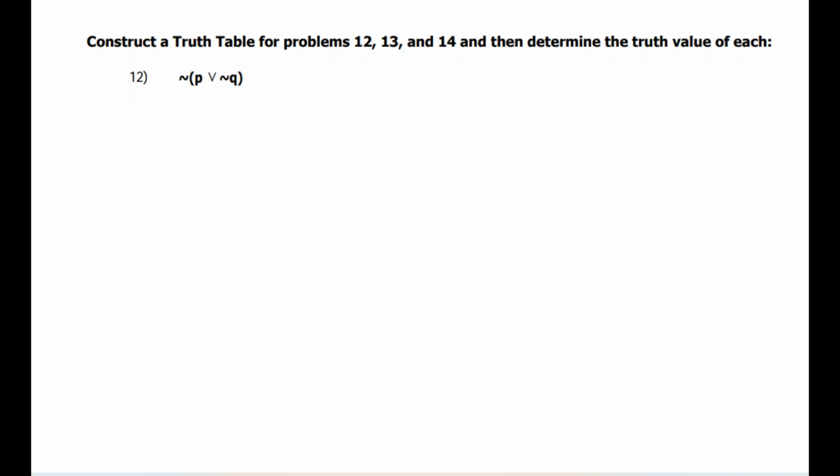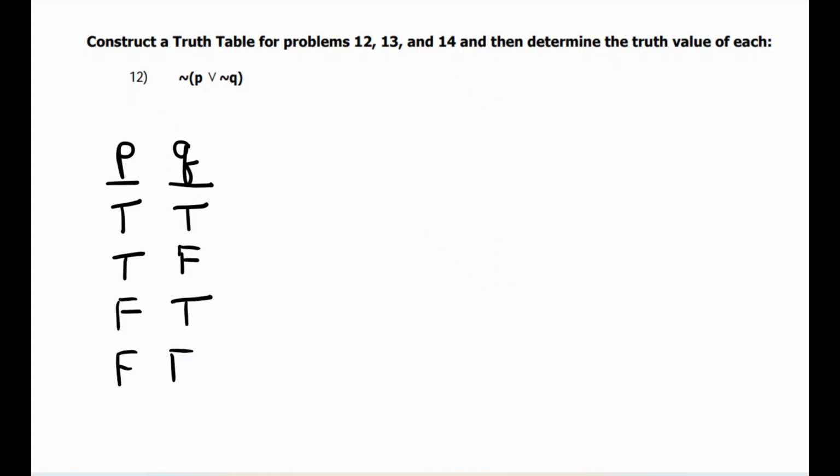Okay, we only have 2 variables, and they are P and Q. And remember that the pattern for this is they're either both true, the first one's true and the second one's false, or the first one's false and the second one's true, or they're both false. Those are the only 4 combinations you can come up with T's and F's for 2 different variables.